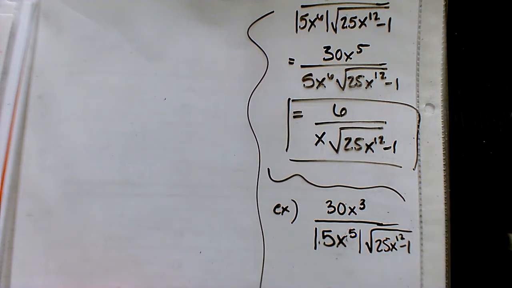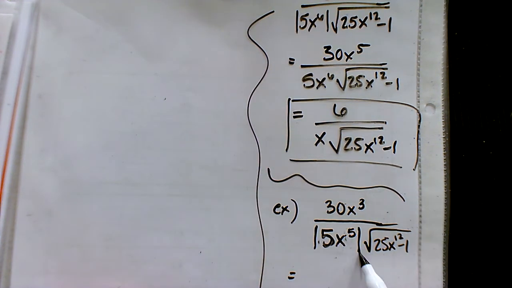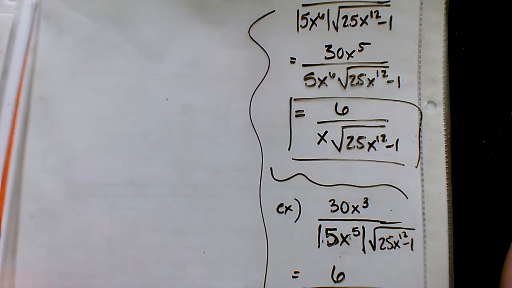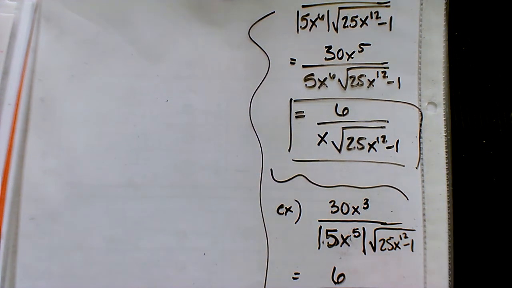So if we were to simplify this one, just as an example, we can clearly do 30 divided by 5 because this 5 will always be positive. So we can definitely do a 6. The question is, what about the x's? Can we simply write x squared inside absolute values on the bottom?